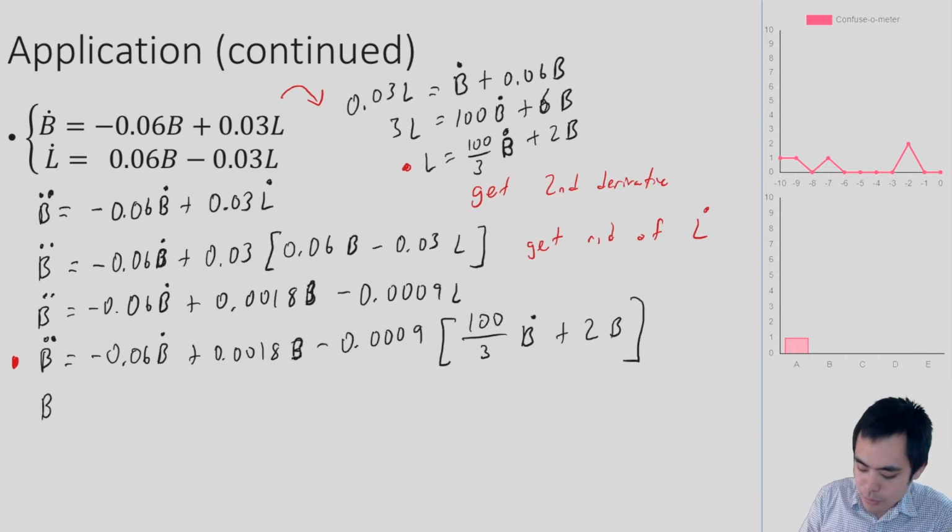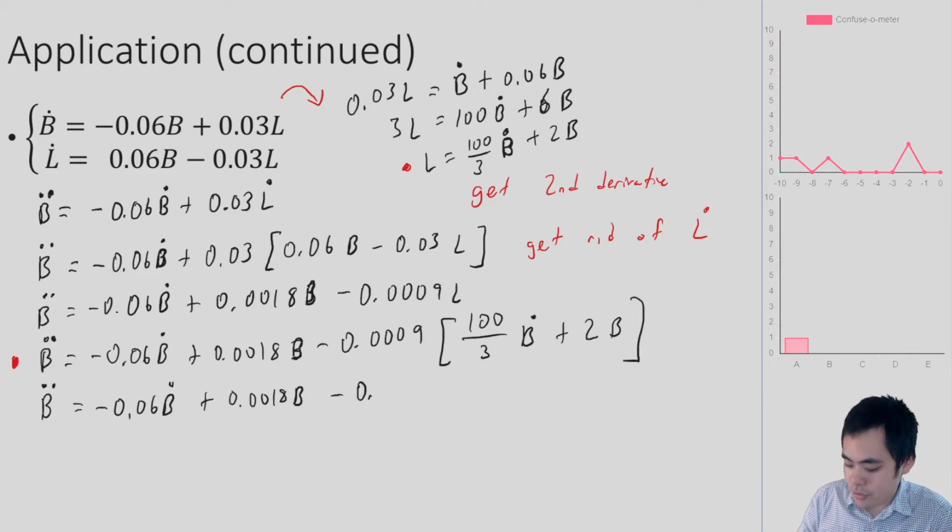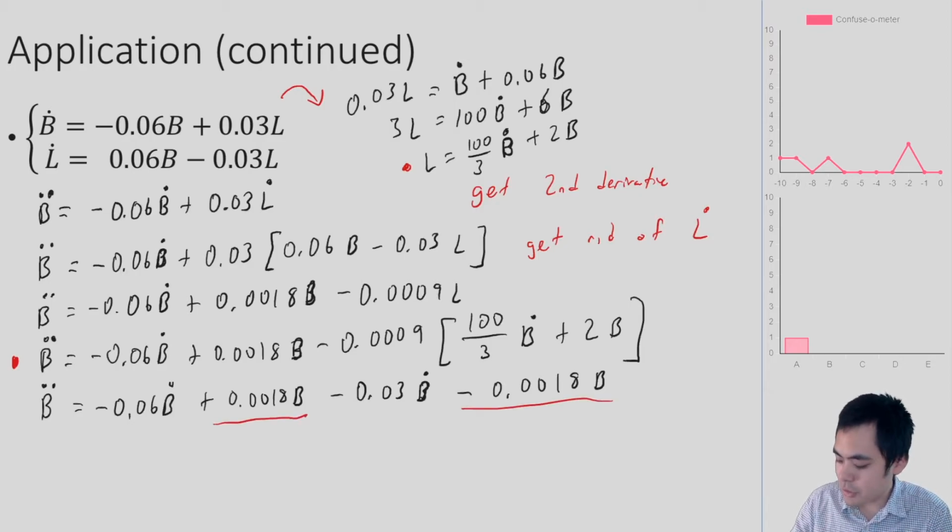And if we simplify it a little bit more, we get b double dot is equal to minus 0.06 b dot plus 0.0018 b minus 0.03 b dot, because we multiplied by 100 and divided by 3, minus 0.0018 b. Notice that these two happen to cancel out. They won't always, but this time they do.